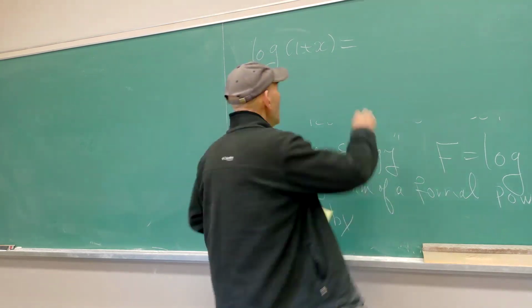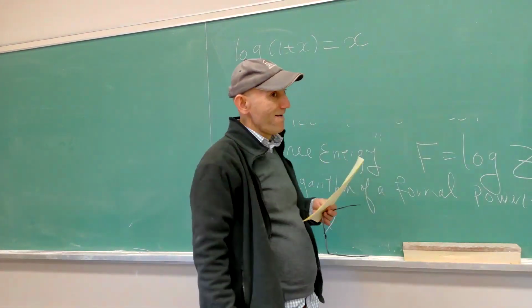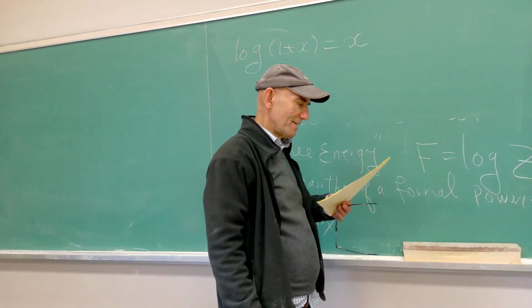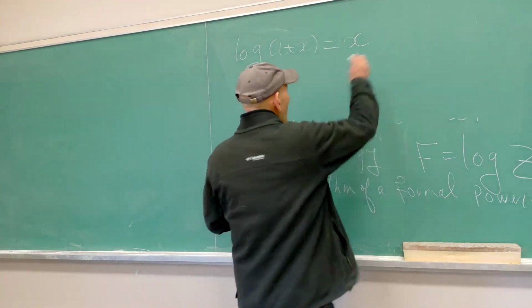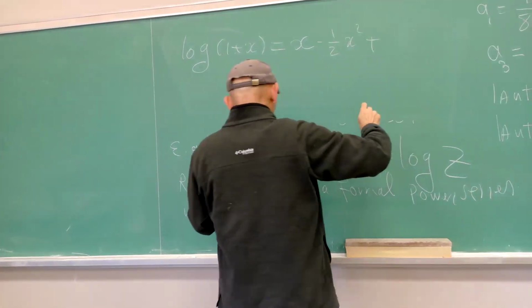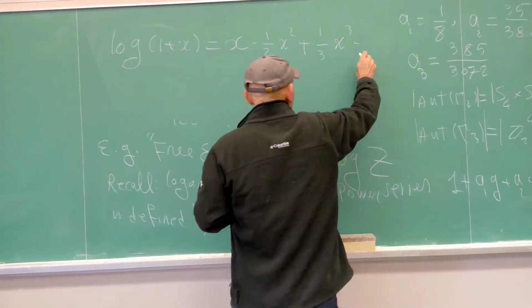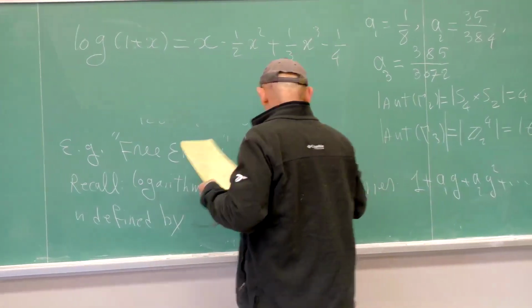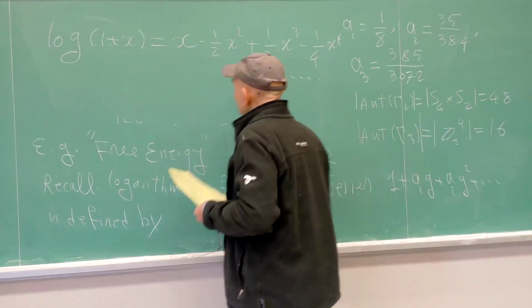So x plus x squared over 2 plus, is it plus or minus? I think it should be minus. It's x minus 1/2 x squared plus 1/3 x cubed minus 1/4 x to the 4, and so on.